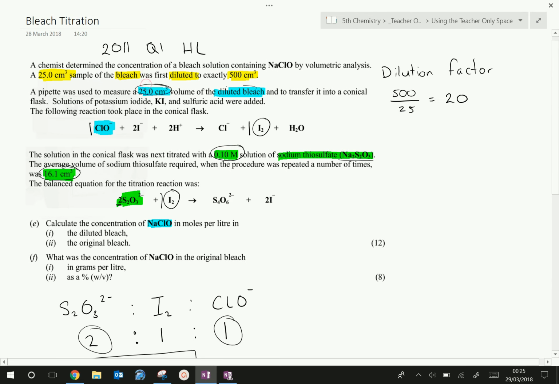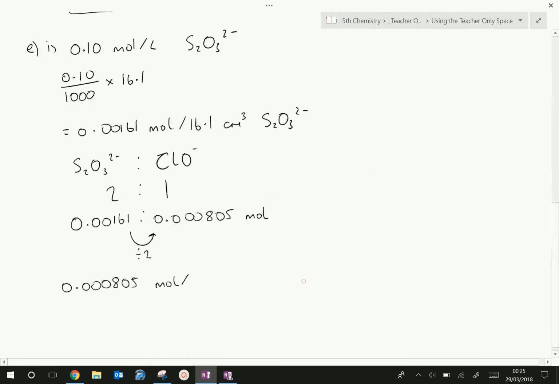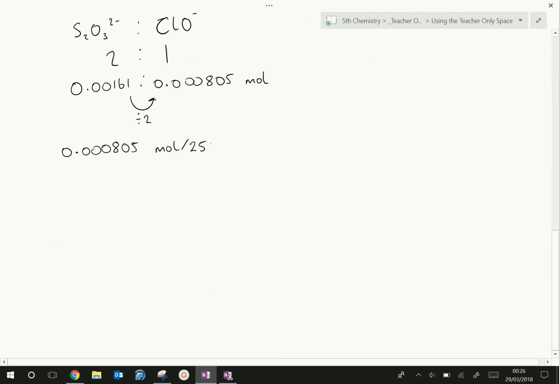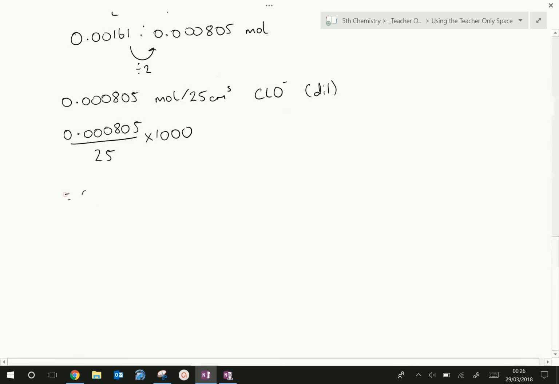We used 25 mLs of the dilute bleach. So that's moles per 25 mLs of my hypochlorite dilute. But it asks for moles per litre. So to turn that into moles per litre, I need to divide by 25 and multiply by 1000. And we get 0.0322 moles per litre of hypochlorite dilute.